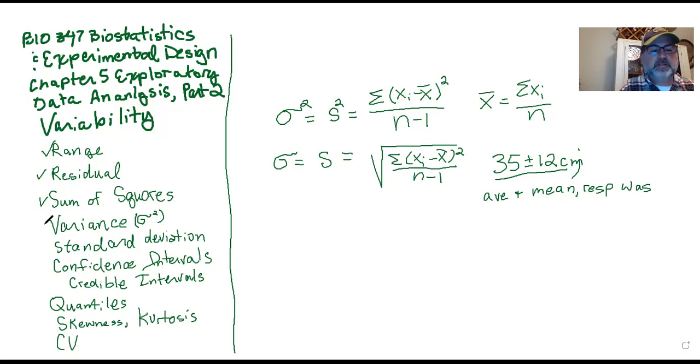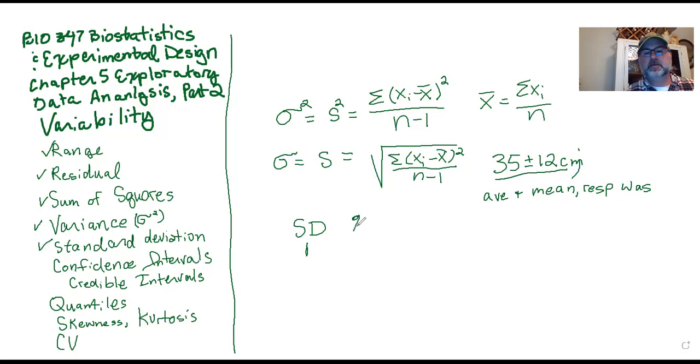So we did variance, standard deviation. Okay. Some things about the standard deviation and what it means. All right. So I have a table in the book. Let's just go over it real quick. A standard deviation, if you just calculate it, that is the one standard deviation unit, okay?